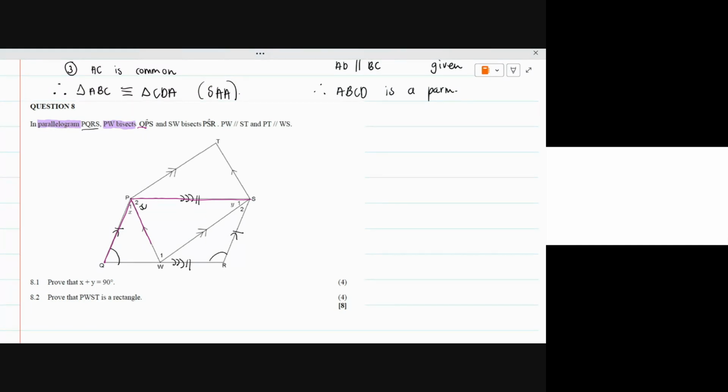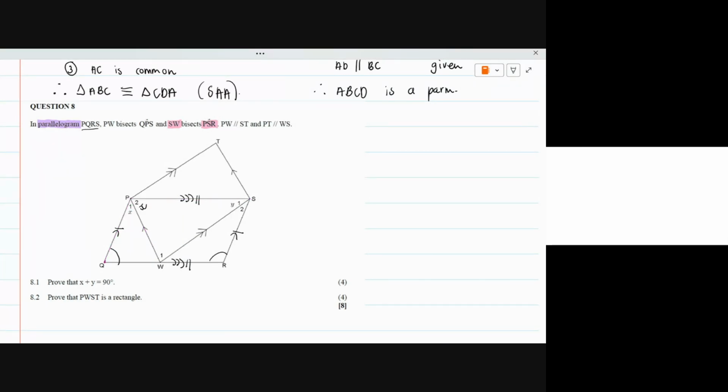Oh, sorry, we're not done. We know that PW bisects QPS, and it also says that another line bisects another angle: SW bisects PSR. So let's follow PSR and see where it's bisected.